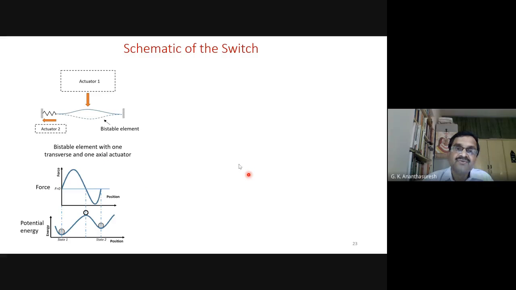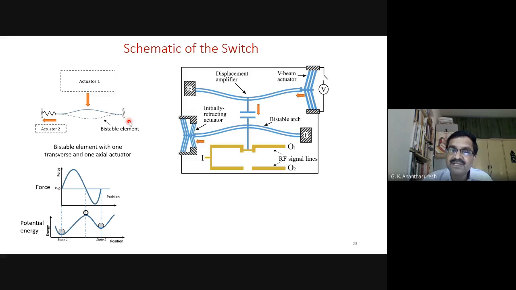We used our ability to design bistable arches and came up with a design that looks like this. In the process, we had to come up with a new kind of actuator, which we called initially retracting actuator. That is an actuator, instead of just going forward like this, it will initially go back and then move forward. And there is a reason for it, as I'll explain.